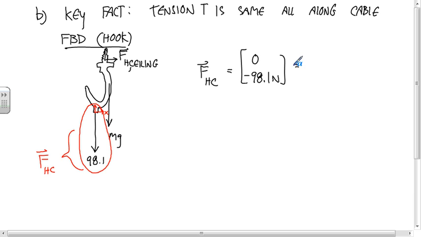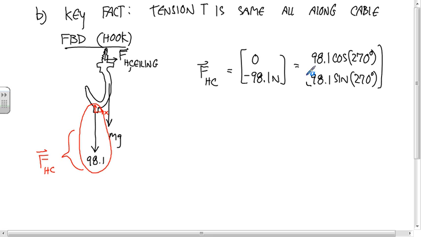This is 98.1 times the cosine of 270. Cosine of the angle always gives you the x component, and 98.1 times the sine of 270 gives you the y component. Cosine of 270 is 0.